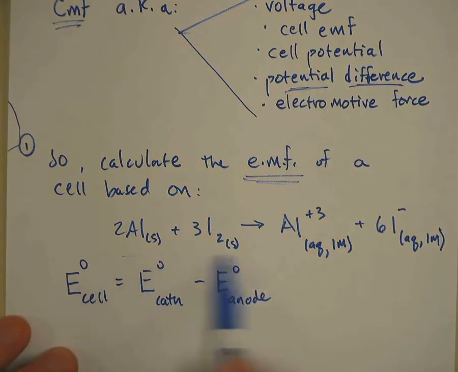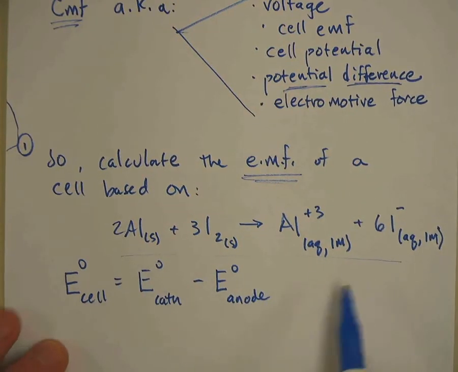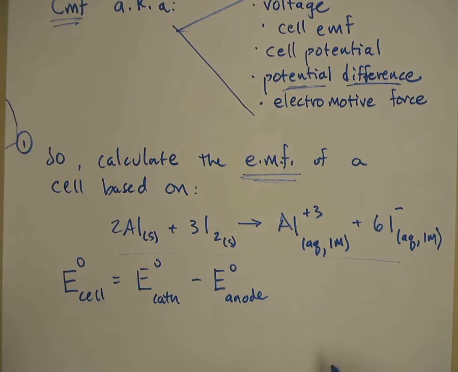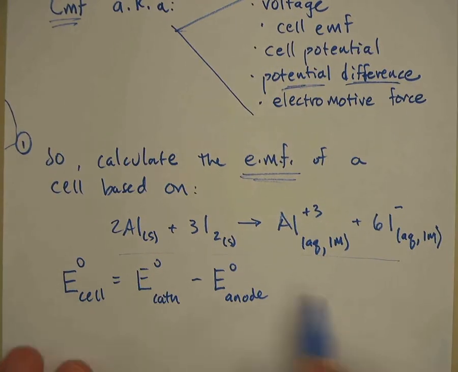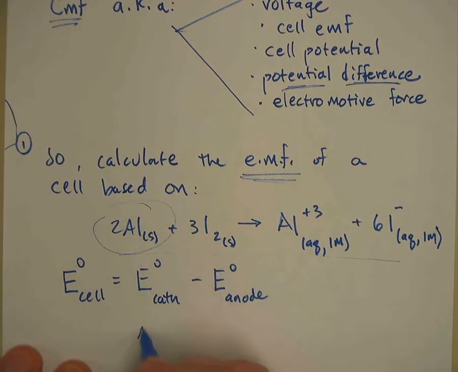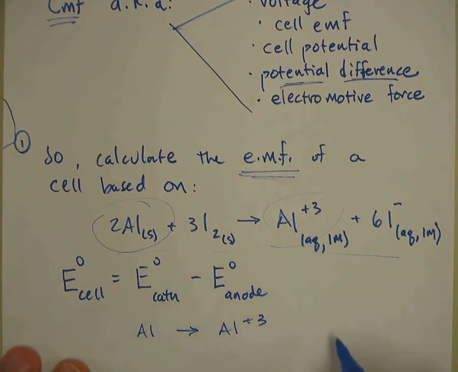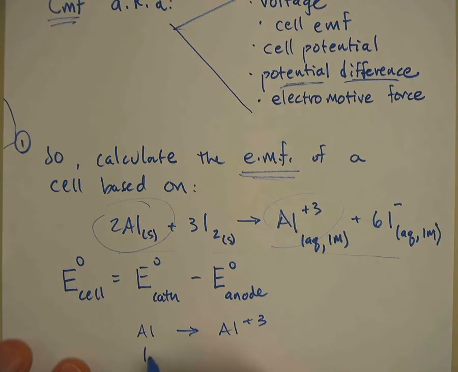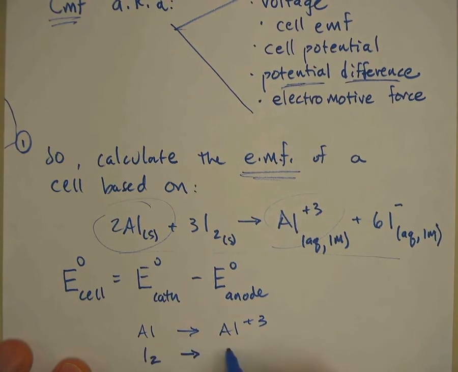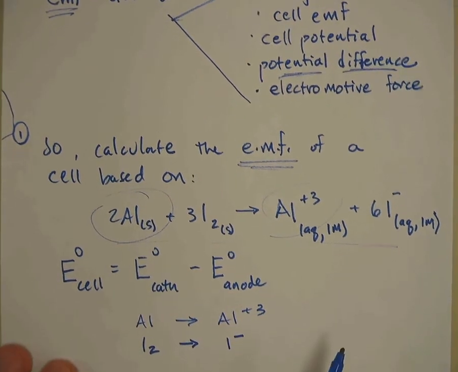And so we need to break these guys up right here and decide what's the anode and what's the cathode. First of all, aluminum goes to aluminum plus 3. Notice how I picked out the half reaction right there. And then in the second reaction, we've got I2 going to I minus. I'll put the numbers in there now too.